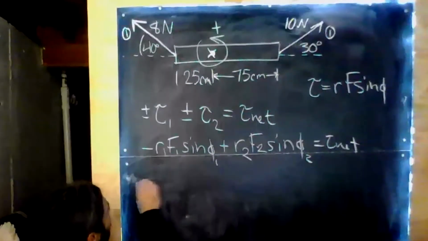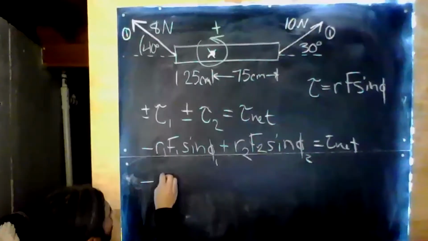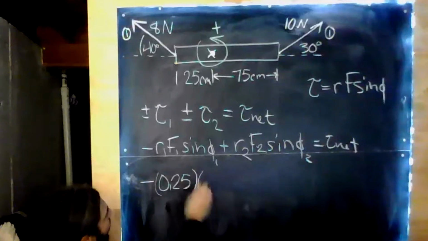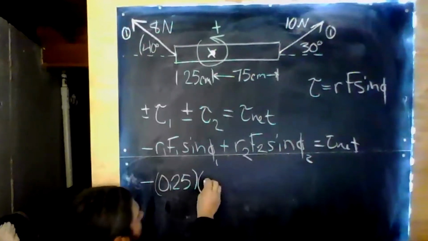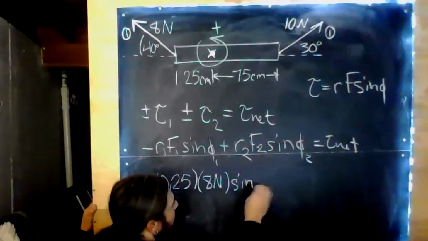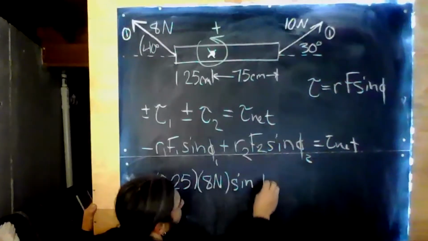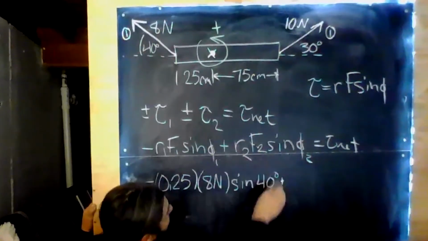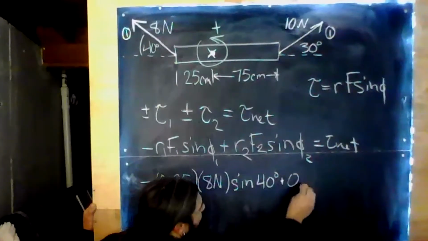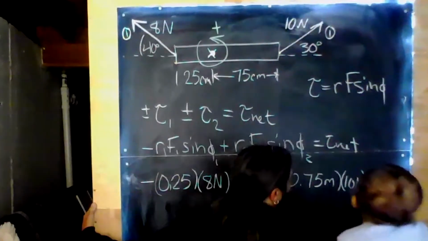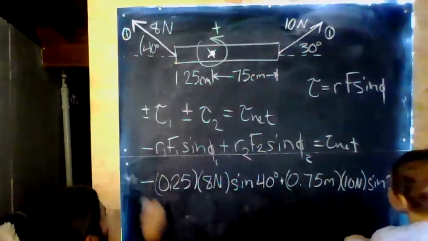So now we're going to have negative R1. Well, that is 0.25 times my F1. That's 8 newtons. And then we have sine of phi. That's sine of 40 degrees. R2, right, plus R2. That's our 0.75 times the sine of 30 degrees.